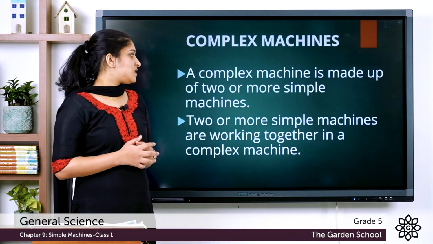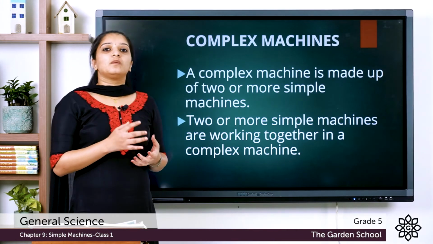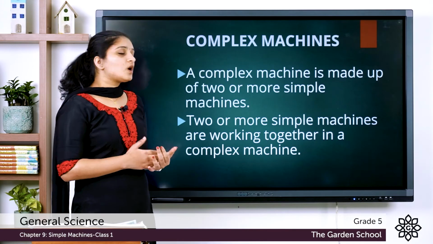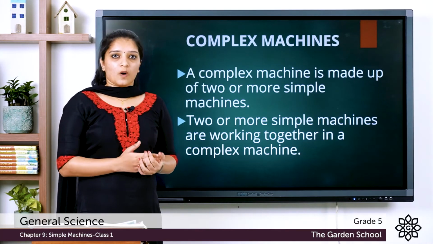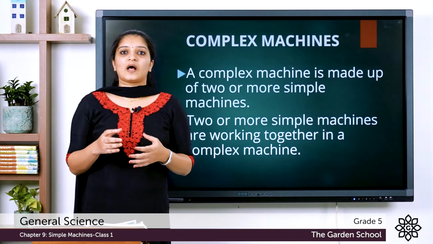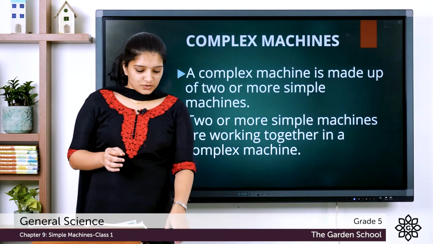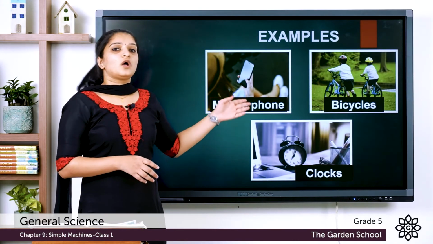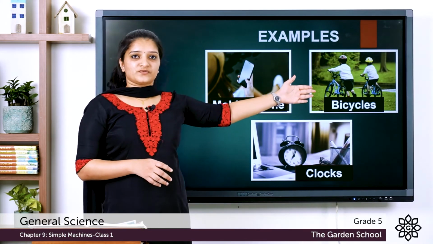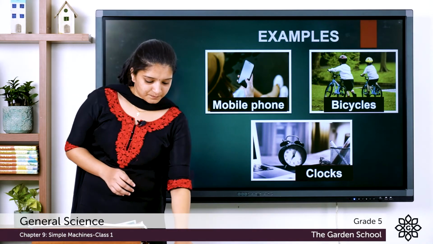A complex machine is made up of 2 or more simple machines working together. So, a complex machine helps us to do our activities easily by combining 2 or more simple machines together. The examples include mobile phone, bicycles used for exercising, and the clock that we use for time.